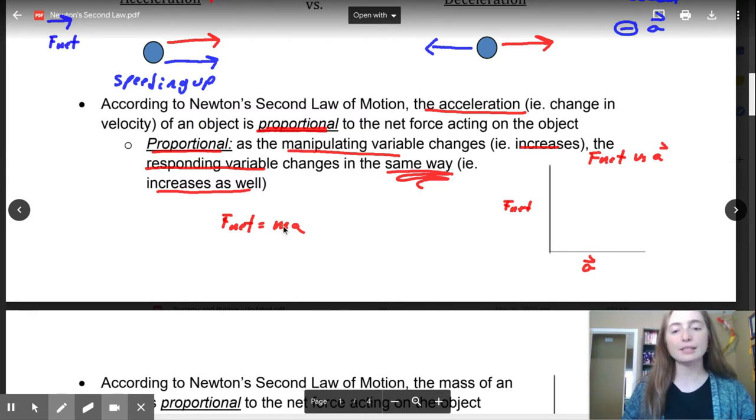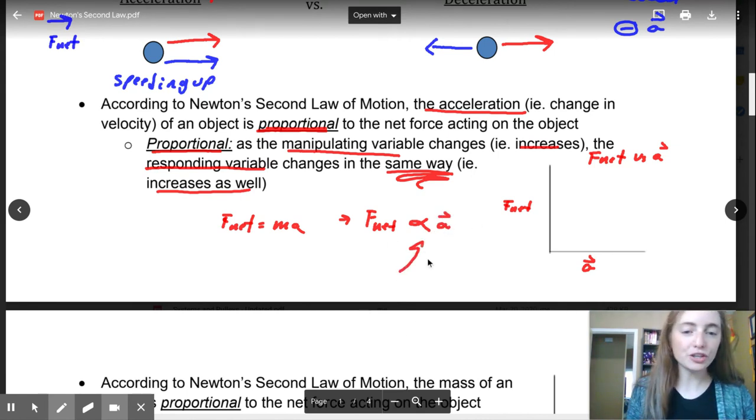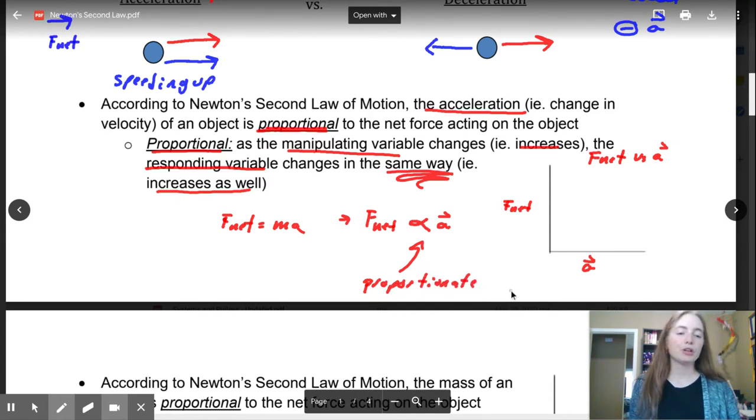So because this is constant, I can leave it out and rewrite this as my F net is proportionate to acceleration. So this fish means proportionate. Okay, so if I'm going to double my acceleration, that means my F net would wind up having to double.